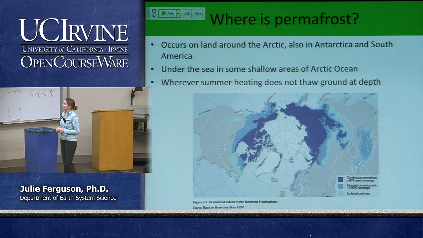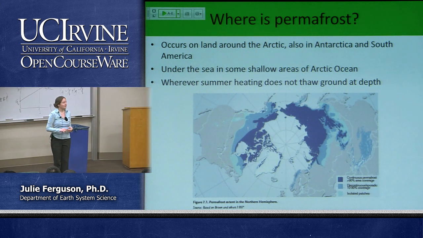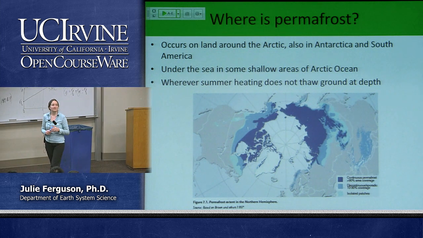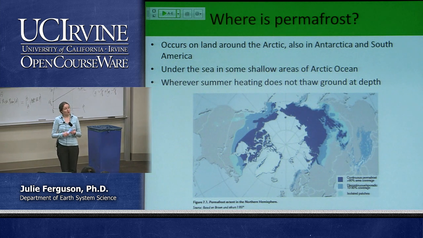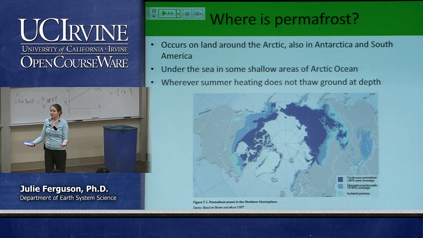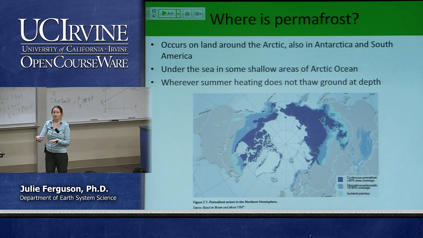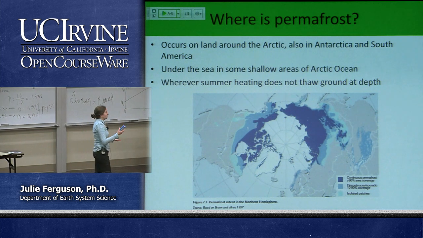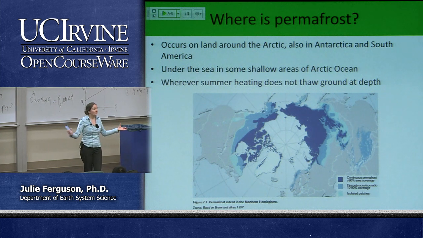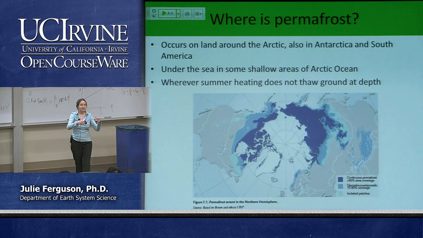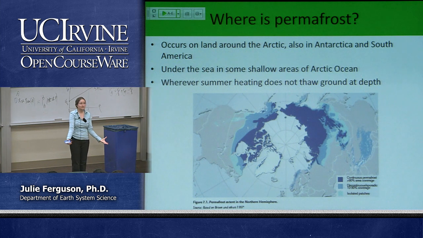Okay. And we even actually get some permafrost under the ocean in the Arctic Ocean. And it's not because permafrost will form under the sea. It won't. It needs to be exposed to cold air temperatures in order to form. And it formed there because during the last ice age, we had so much ice on land that our sea level was 120 meters lower.